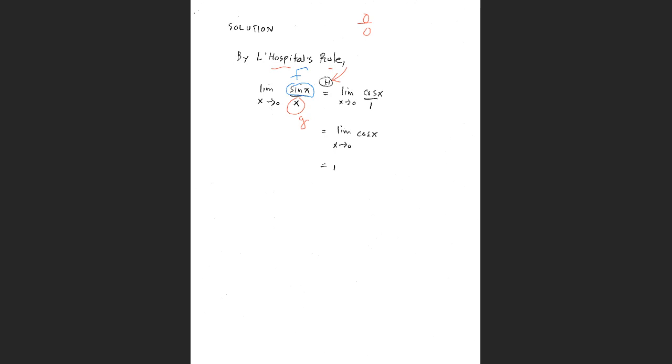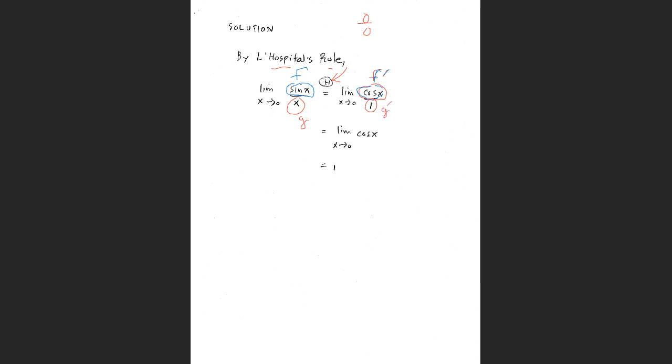Applying L'Hopital's rule, the limit of function f over g is the same as the limit of the ratio of f prime over g prime.